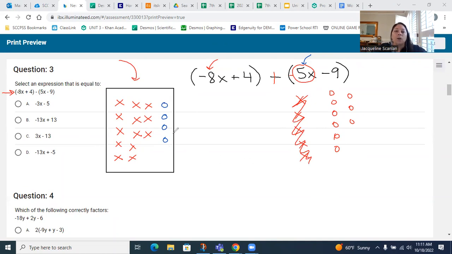And again, because the marbles don't match, I am going to add the opposite of -9, which is +9. So I am going to erase all of these -9 red marbles, and I'm going to instead trade them with blue. So now I have 9 blue marbles that I am going to add on over here.